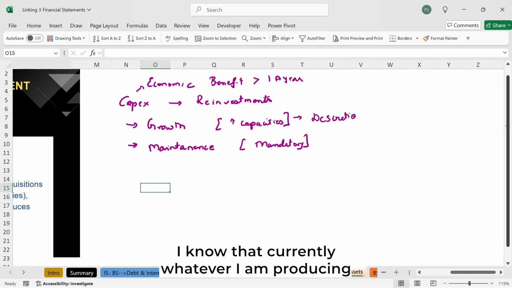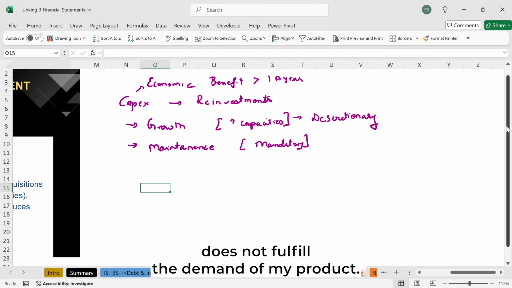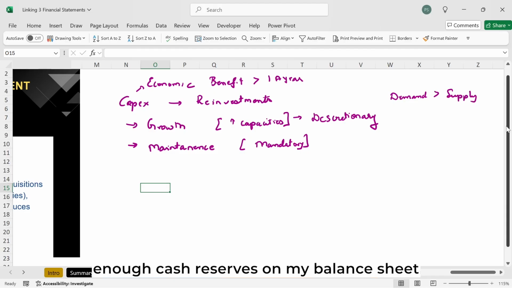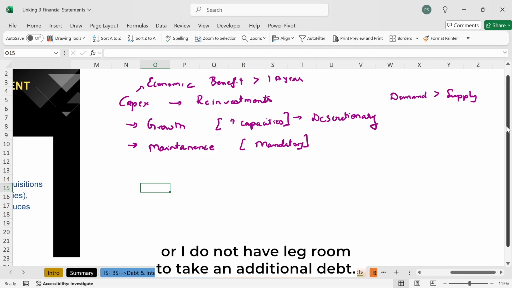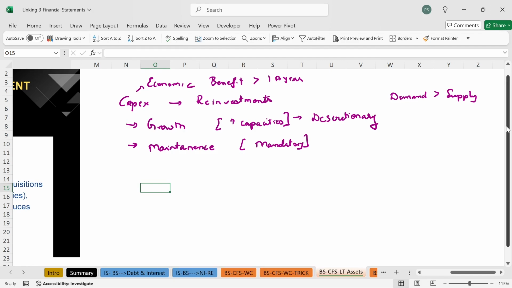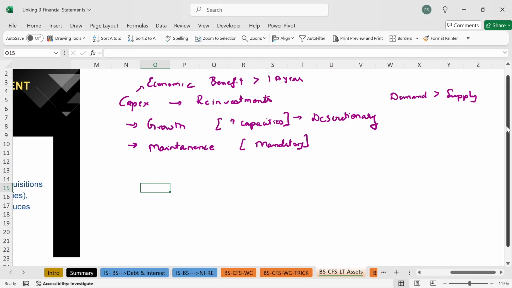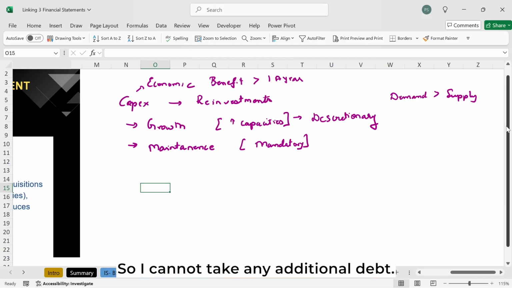I know that currently whatever I'm producing does not fulfill the demand of my product, but currently the situation is that I do not have enough cash reserves on my balance sheet, or I don't have legroom to take an additional debt, or I already have a huge amount of debt sitting on my books. So I cannot take any additional debt.